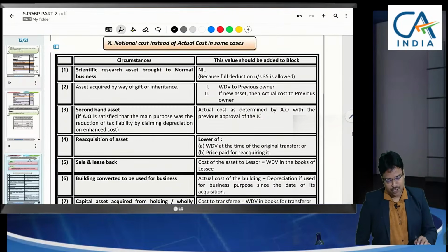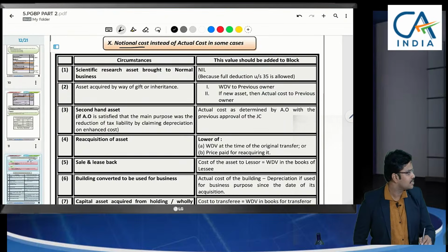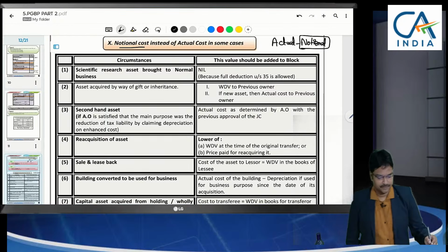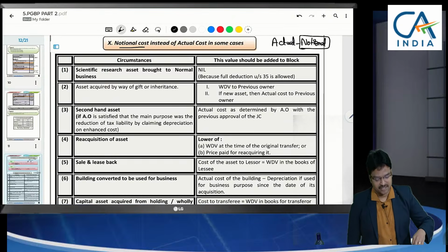Now, the last topic of depreciation: notional cost. In certain cases, instead of actual cost, we consider notional cost.